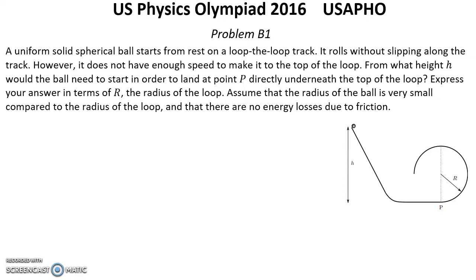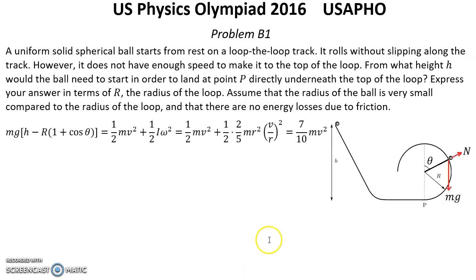Solution for problem B1. First, let's write the energy conservation equation. If the angle of loss of contact with the track is theta, we can write this equation: the total change of potential energy is equal to the kinetic energy of translational and rotational motion, 1/2 mv square plus 1/2 I omega square.